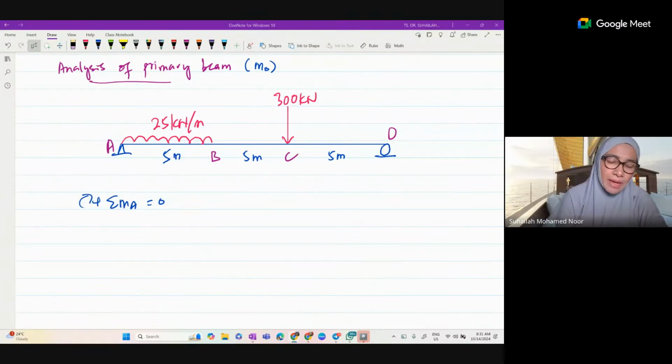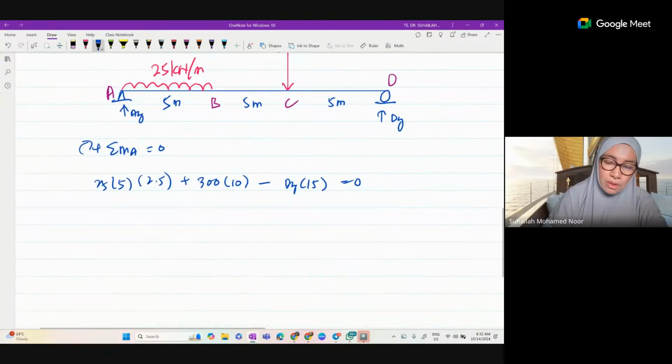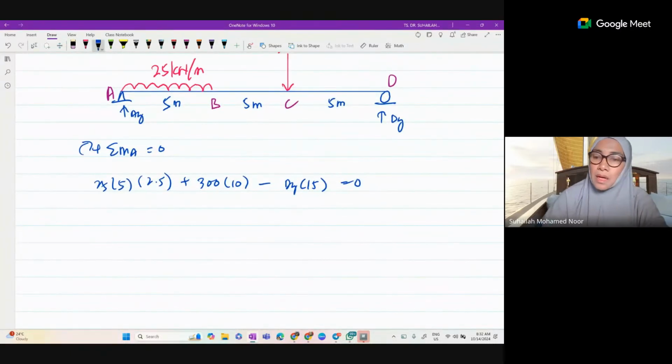So taking moment at A, we have 25 times 5 times 2.5, plus 300 times 10, and we minus DY times 15. So we want to calculate DY, so let's see what we can do here.